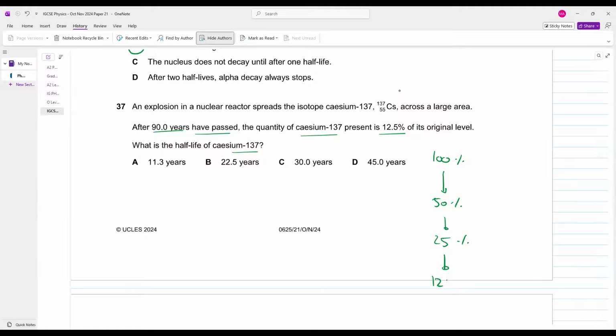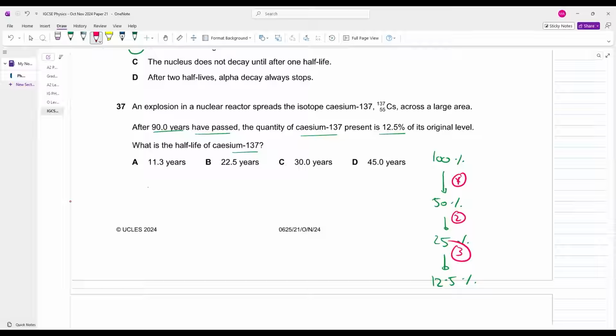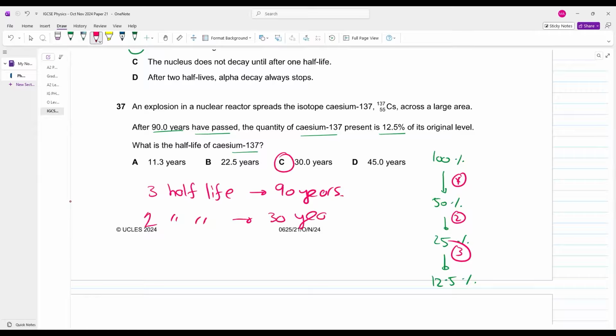After another half-life, 12.5%. तो बेटा कितनी हाफ लाइफ से लैप्स हुई है? 1, 2 and 3. So you have undergone 3 half lives in how many years? 90 years. एक हाफ लाइफ कितने ईयर की होगी? 30 years. C is your answer.